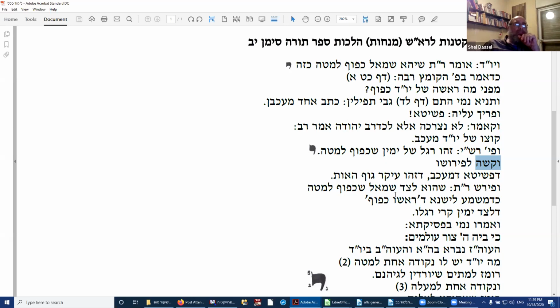So he says that the Kotzo Shoyud is on the left side, and that it's bent downwards, as we saw earlier. Kidamashma Lishna, as the language implies, Rosho Kafuf, that the head of the Yud is bent. Tzad Yamin Kari Raglo, that the right side is called its leg.